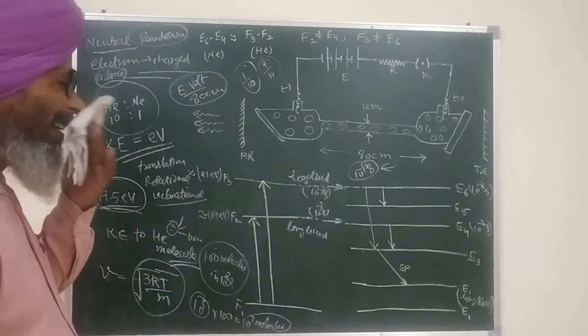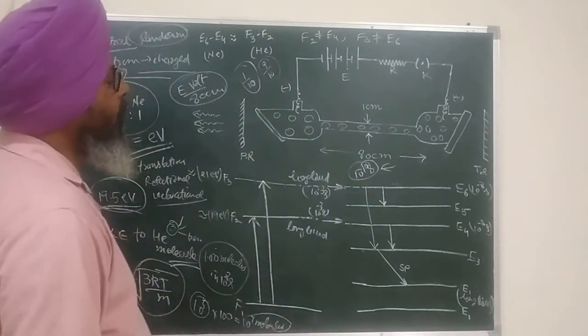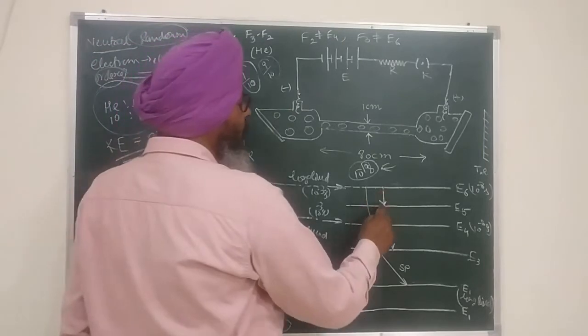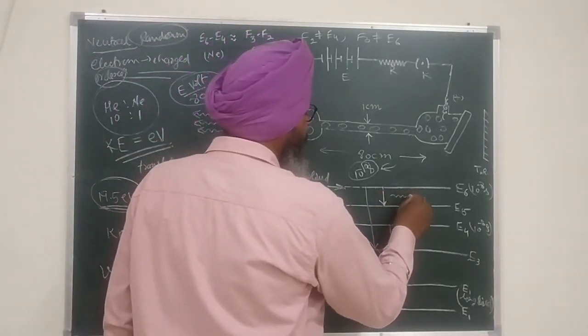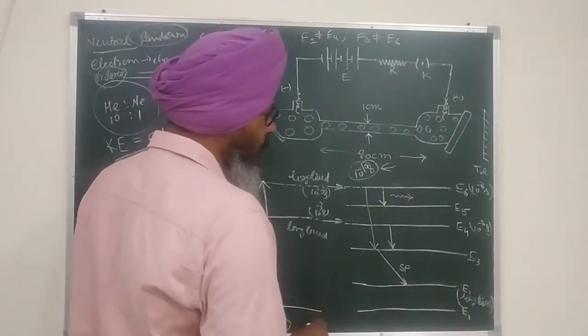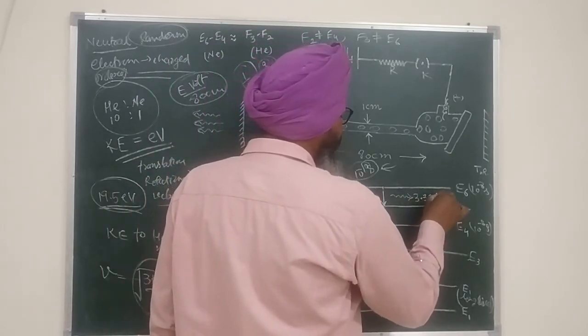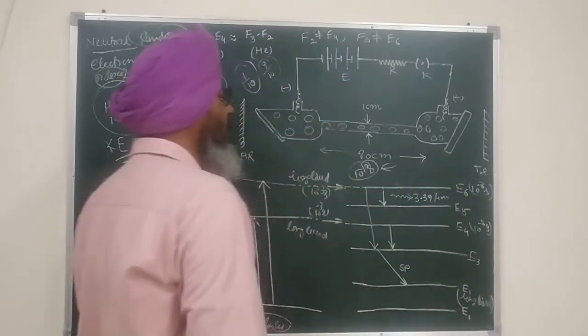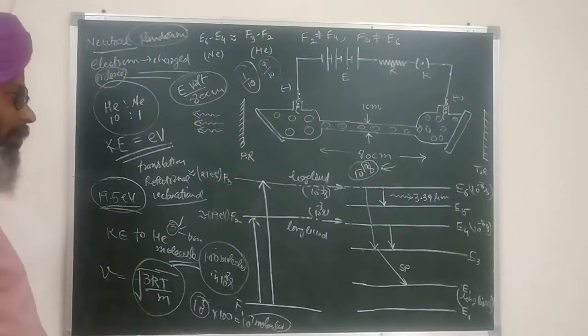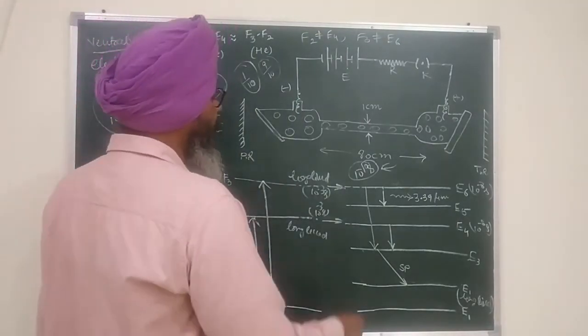Now, what is going to happen when this transition takes place? It will emit photons of the order of 3.39 micrometer. This is a longer wavelength, lying in the infrared region.